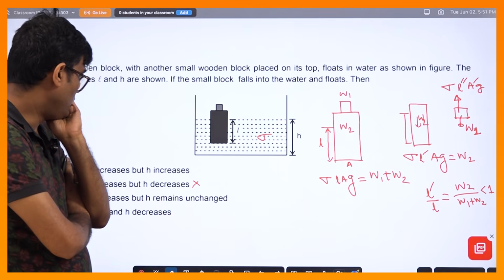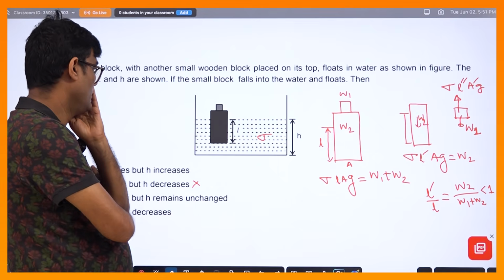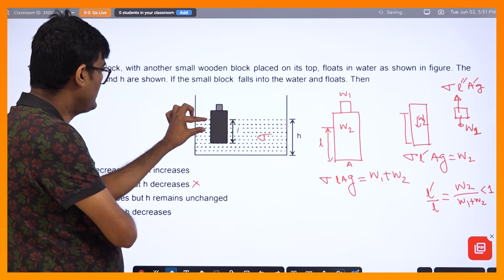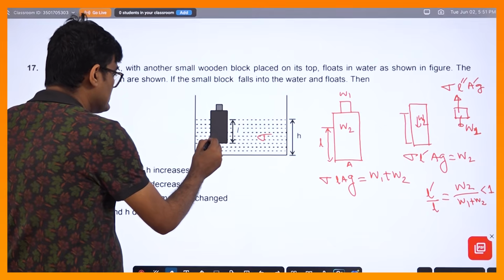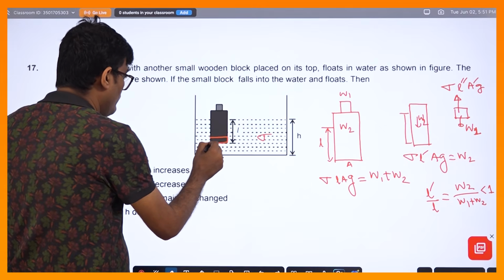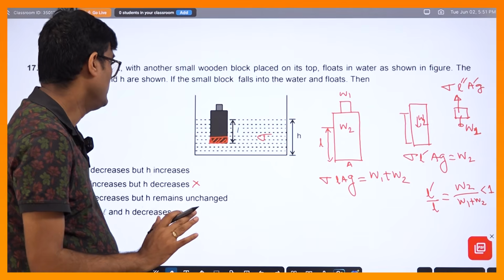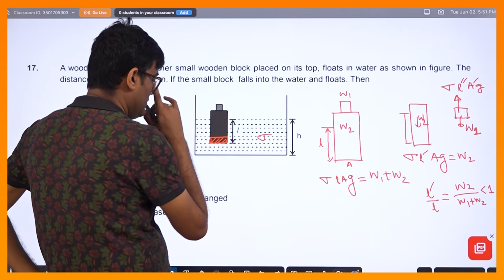If you see what is happening with L prime, this L prime decreases. That means we are getting some amount of volume released, right? Is that volume going to increase the water level?